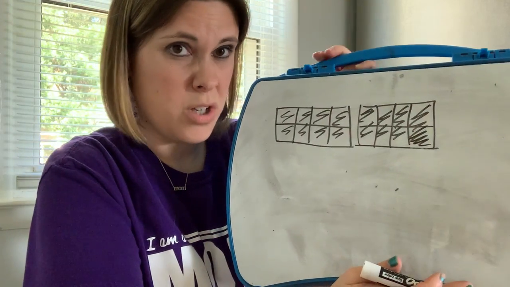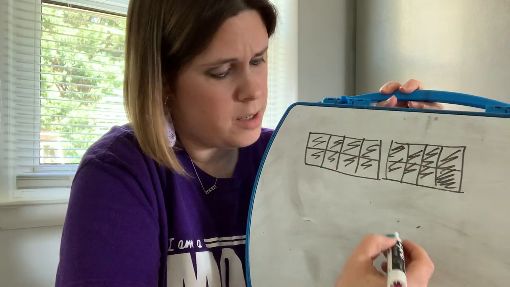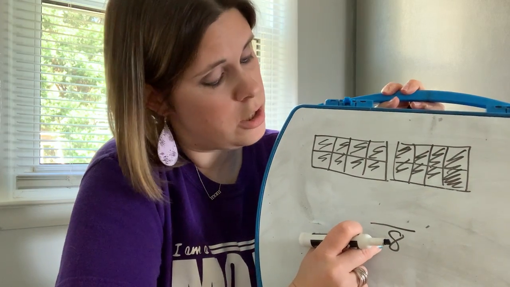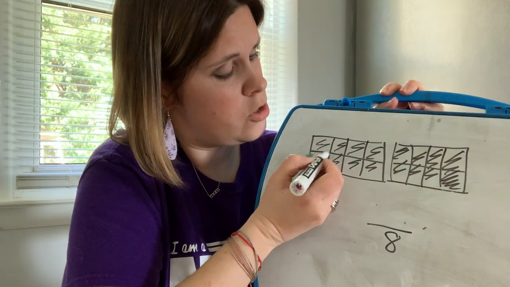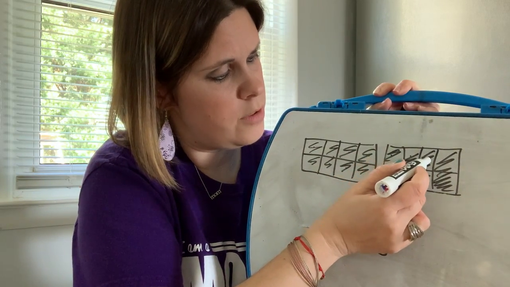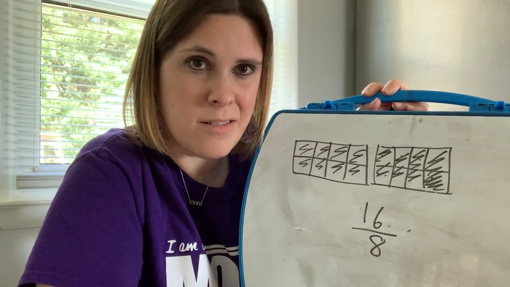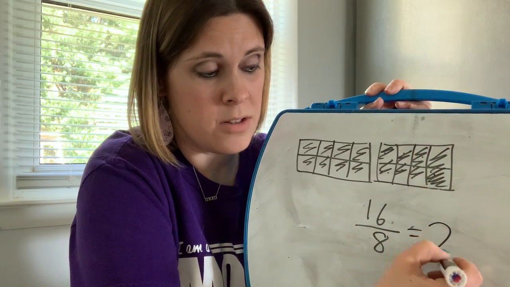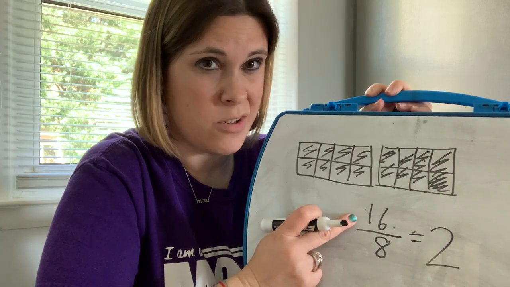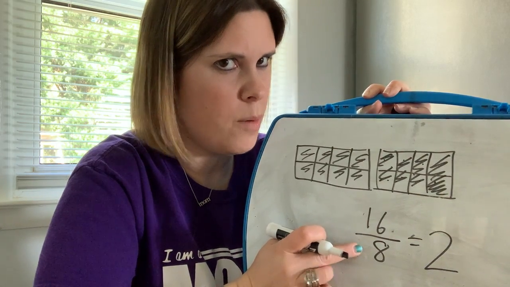So I've eaten 2 whole chocolate bars now. Well, what's that as a fraction? Both chocolate bars are split into eighths. That's how many equal pieces I've got in each chocolate bar. I eat 1, 2, 3, 4, 5, 6, 7, 8, 9, 10, 11, 12, 13, 14, 15, 16. I eat 16 eighths, which is exactly the same as 2 whole bars. I knew I had more than one whole because my numerator was bigger than my denominator. Okay, you getting it? Let's try one more just to be sure.